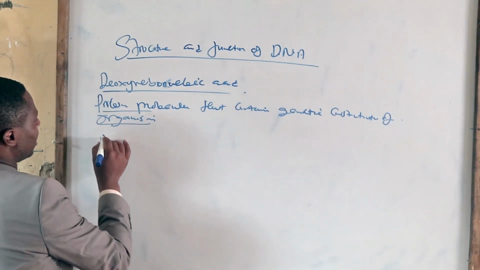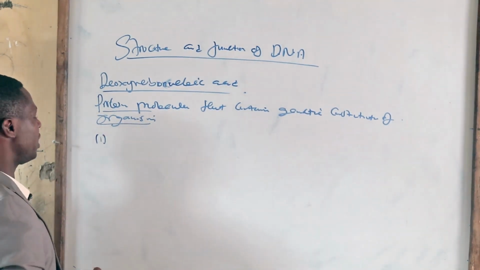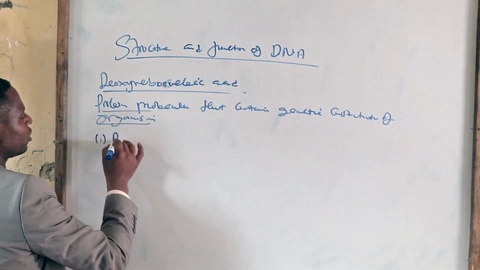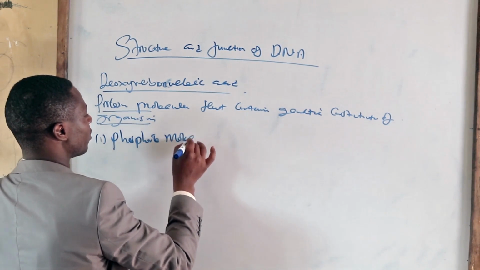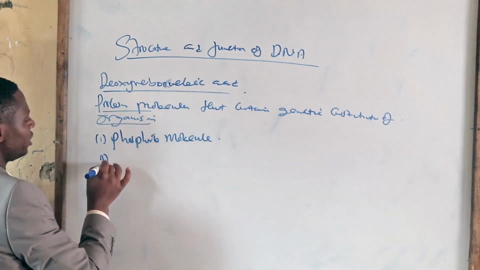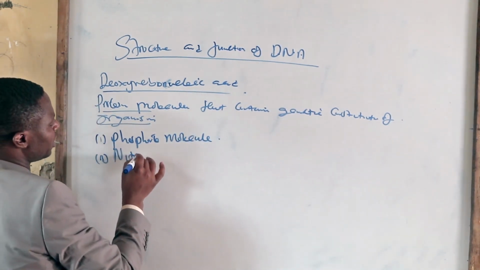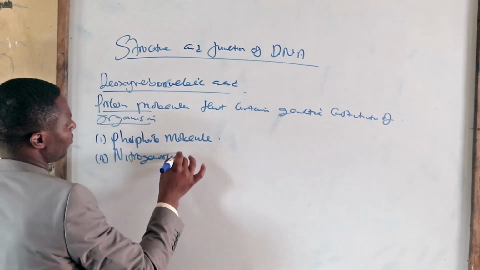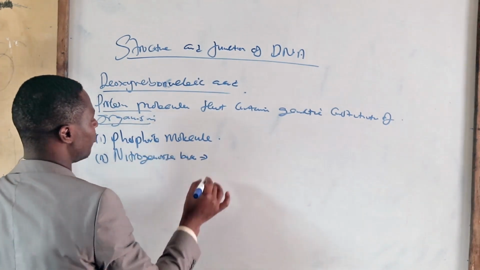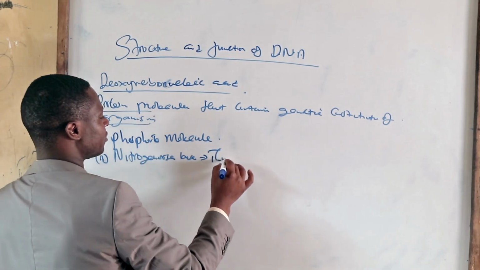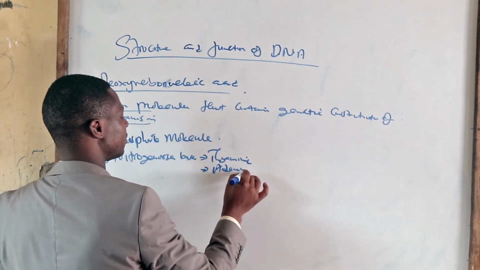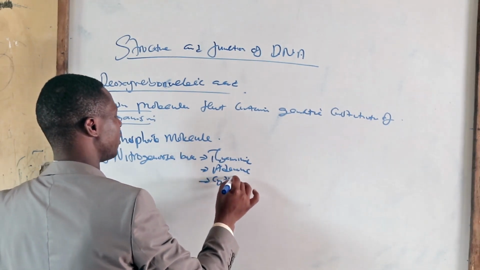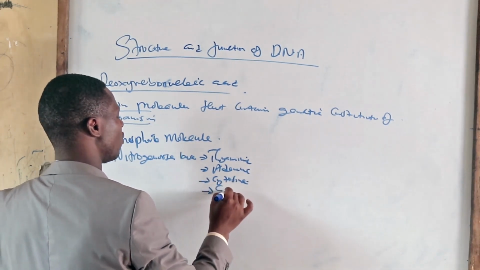In terms of structure, DNA comprises three main parts. One, a phosphate molecule. Number two, the nitrogenous base, which comprises thymine, adenine, cytosine, and guanine.